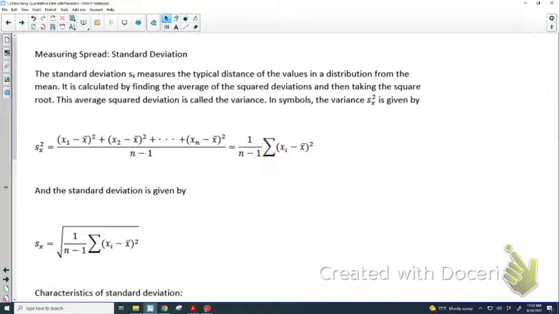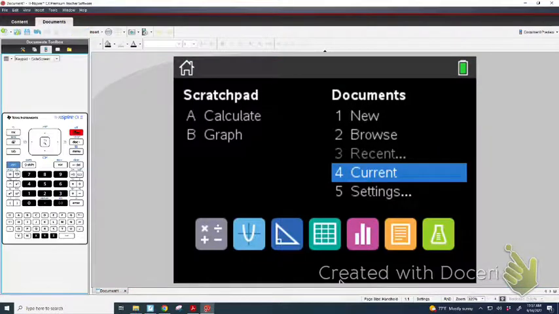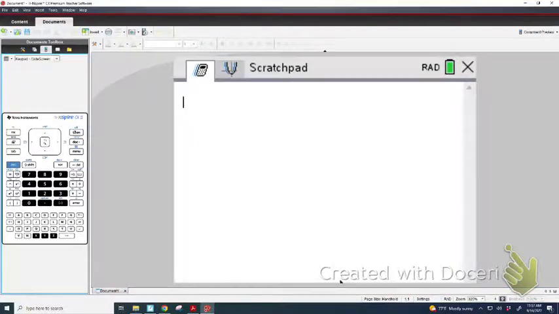So I just go to a blank calculator. I have 3218 point, I'm trying to be as precise as possible so we can get the same output that the calculator gave us in one var stats. I'm dividing by 21 minus 1, so really I'm dividing by 20. And that right there is our variance, 160.948.